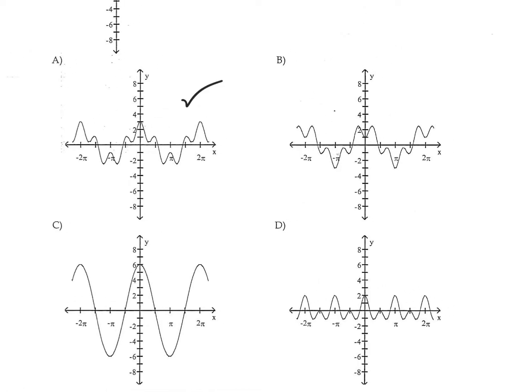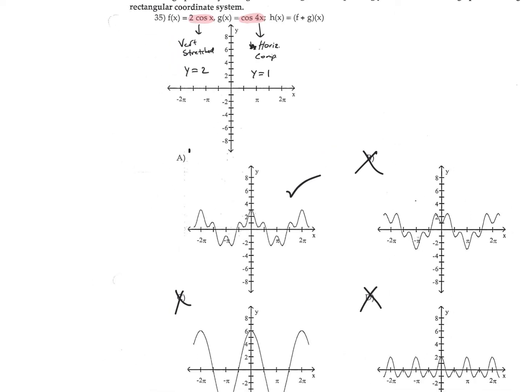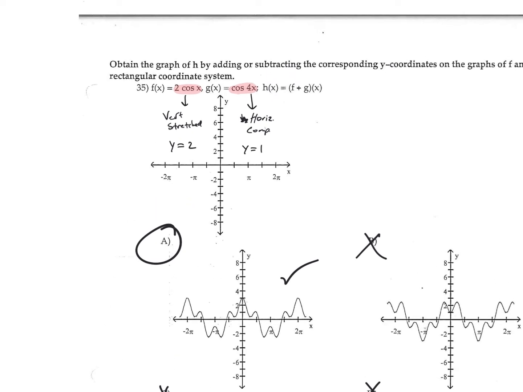That does work here. It doesn't for B, it doesn't for D, and it doesn't for C. So even though this graph is complicated and may be something that you haven't seen before, if I know just a little bit about the starting point of cosine, I can really zero in on a single point where, when I add together 2 plus 1, I reach 3. It's the only graph that has that quality. Let's pick the right answer and move on.